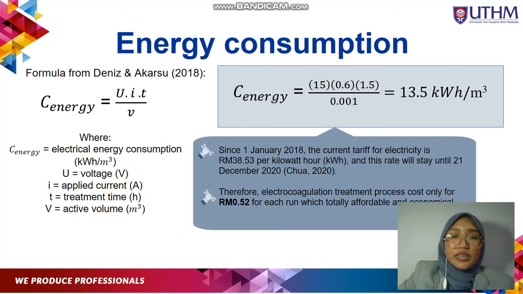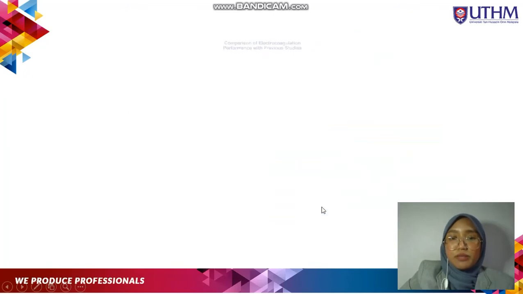As for the energy consumption, I use the Dennis and Akasu equations and I get 13.5 kilowatt hour per meter cube. And I compared with the current tariff in Malaysia, I get RM 0.952 for each run, which is totally affordable and economical.